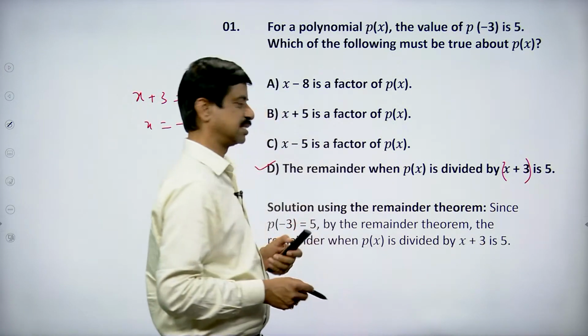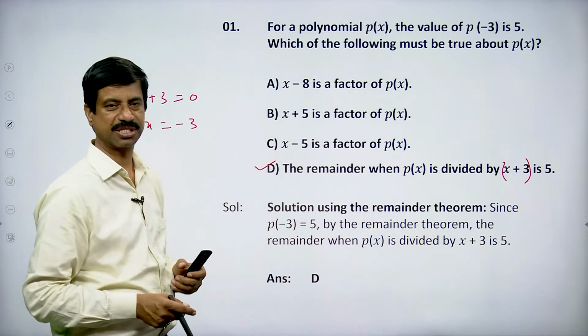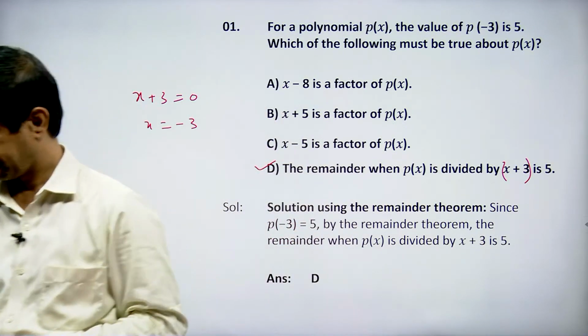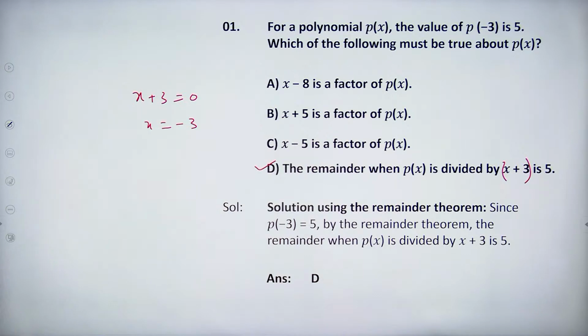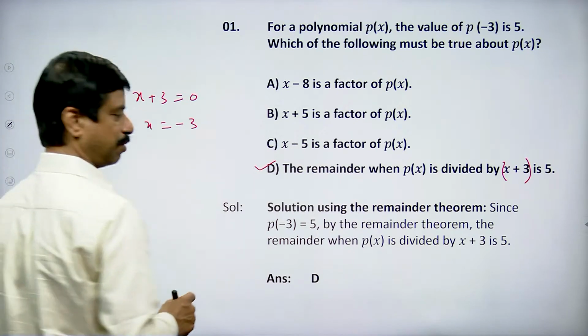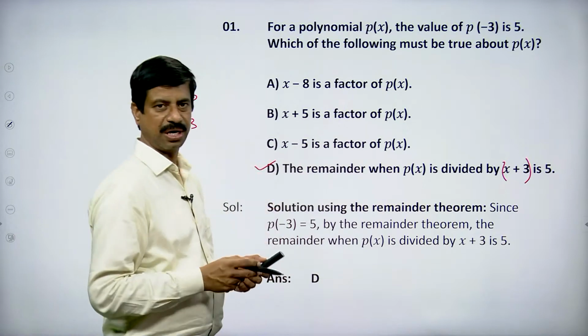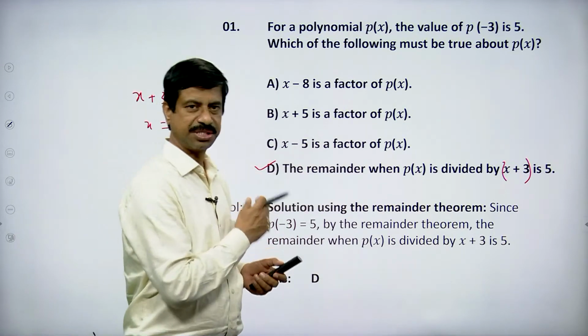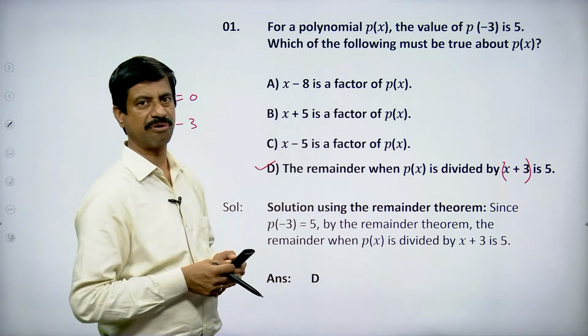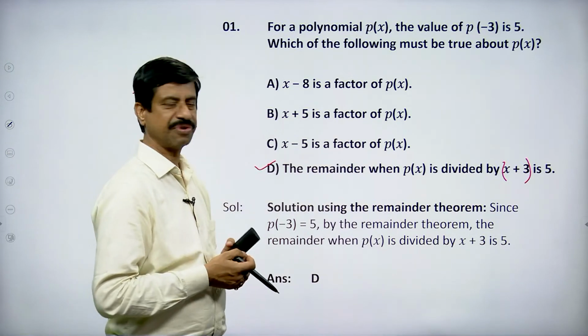Therefore option D satisfies. Right, children? Please note it fast, quick. So I think you have understood this. You just need to note it or take a screenshot of it. Quick, children. Let us not waste more time.